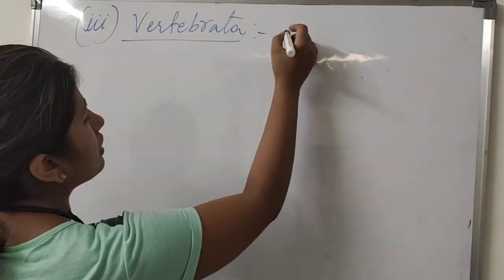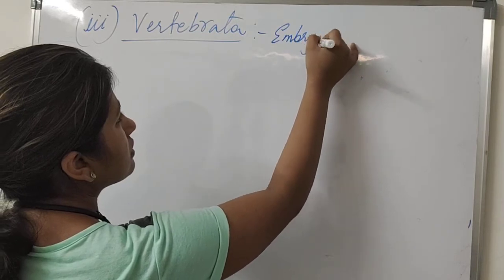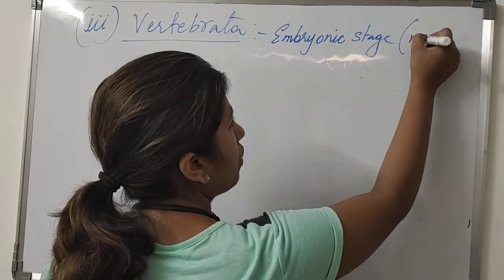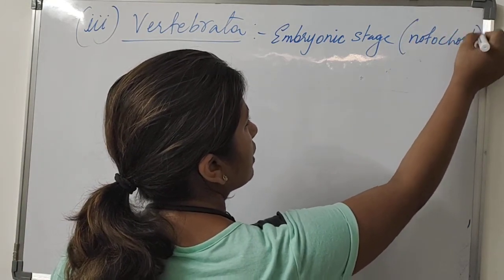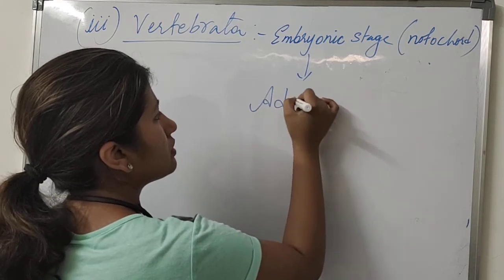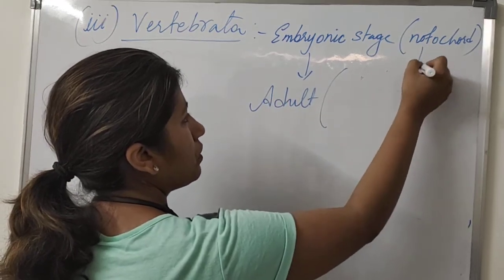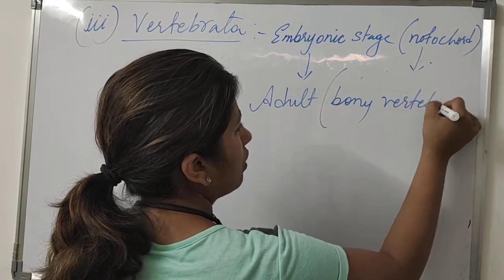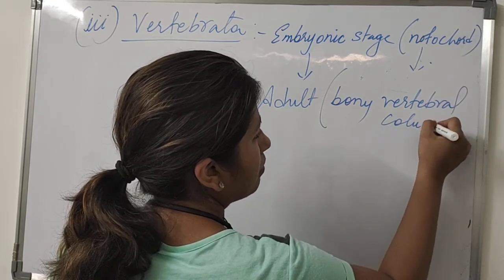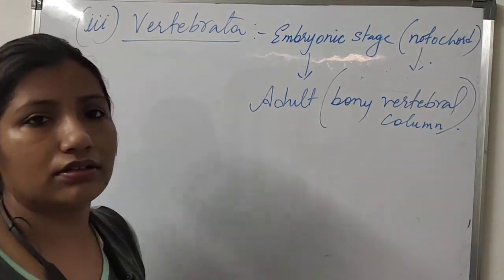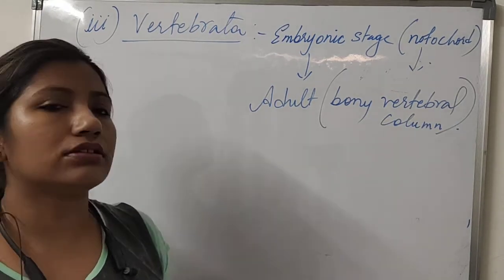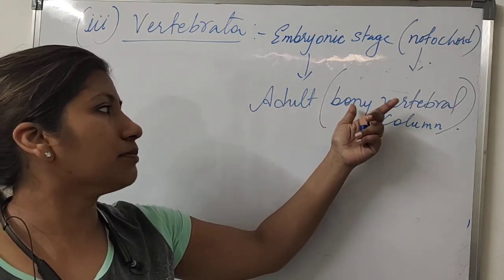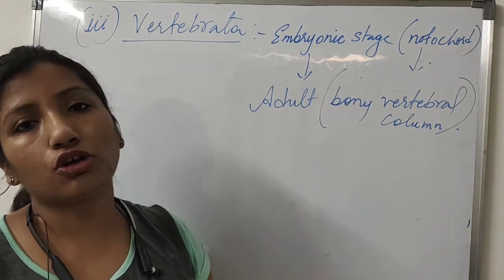During the embryonic stage, when they are inside the mother's womb, they have a notochord. But in the adult, this notochord gets replaced by a stronger bony vertebral column, which we call backbone in regular usage, but biologically we call it the bony vertebral column.